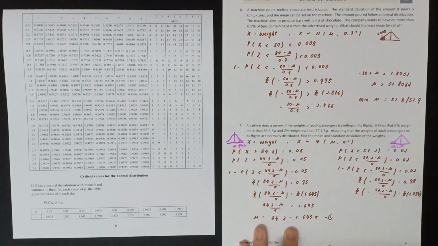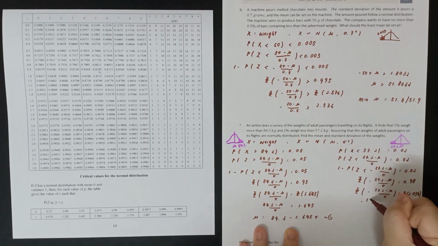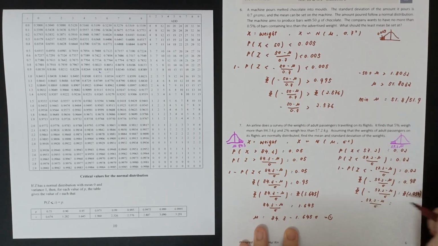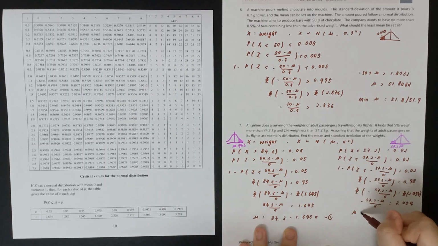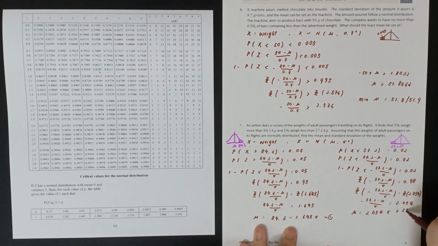Okay, so now you have both already, then you can try to eliminate both of your mu. Alright, so I will get another one, which is mu equals 2.054 sigma plus 47.22.